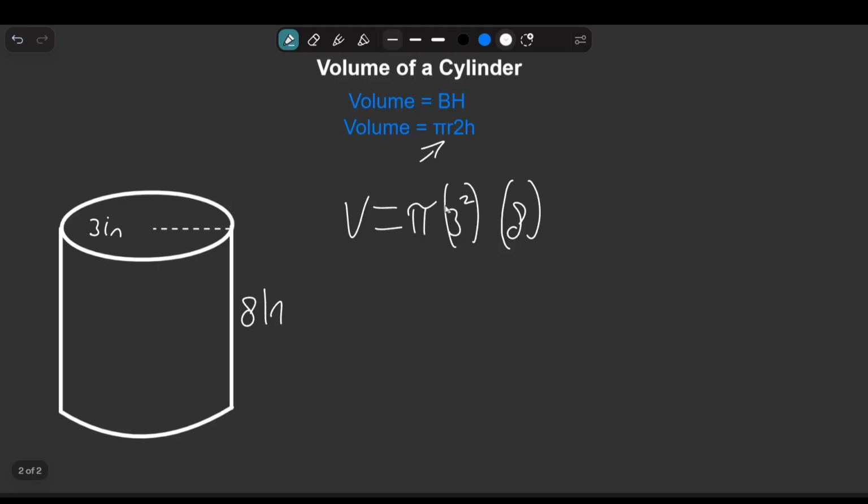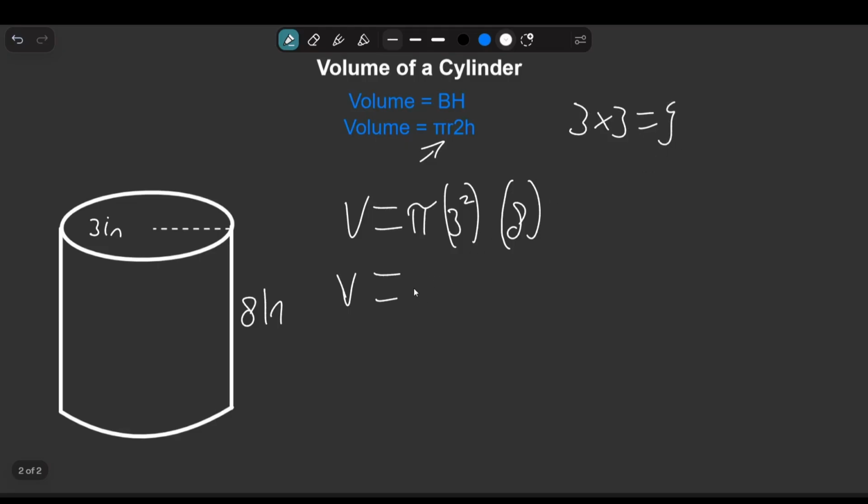Now we have to know what 3 squared is. 3 squared basically means just 3 times 3. The 2 above the 3 means we have to multiply the 3 by itself 2 times. So 3 times 3 equals 9.